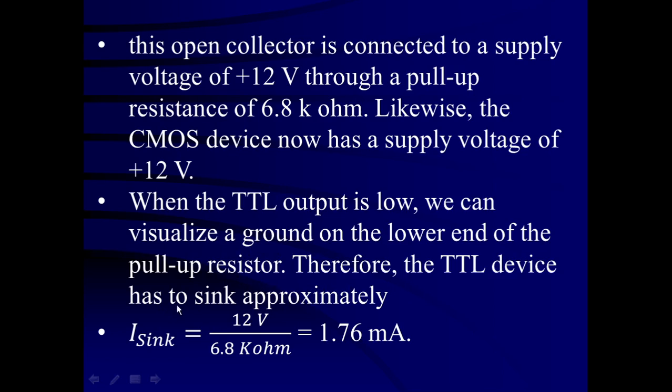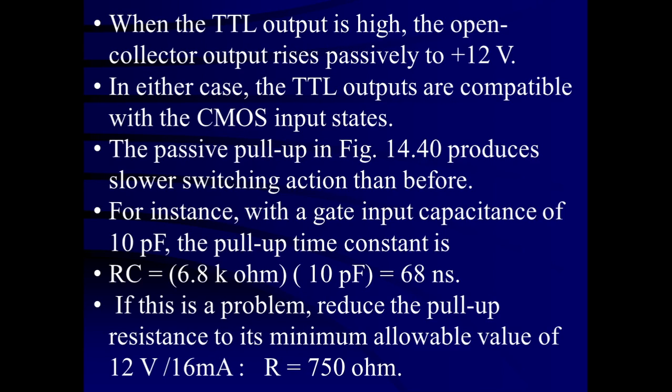Therefore, the TTL device has a sinking current equal to 12 volt divided by the pull-up resistance of 6.8 kilo ohms. So the current passing through the sink transistor Q4 is 1.76 milliampere when the output of the TTL is in the low state.